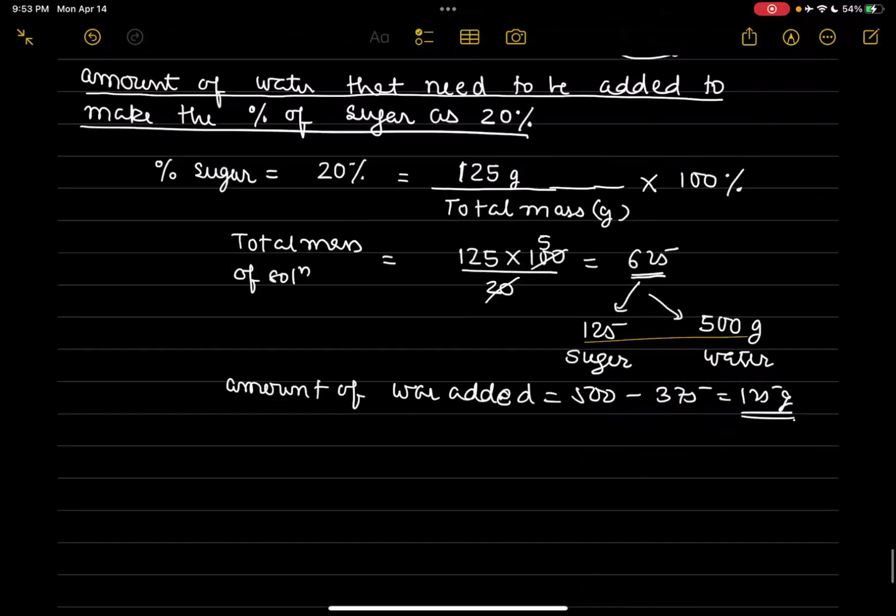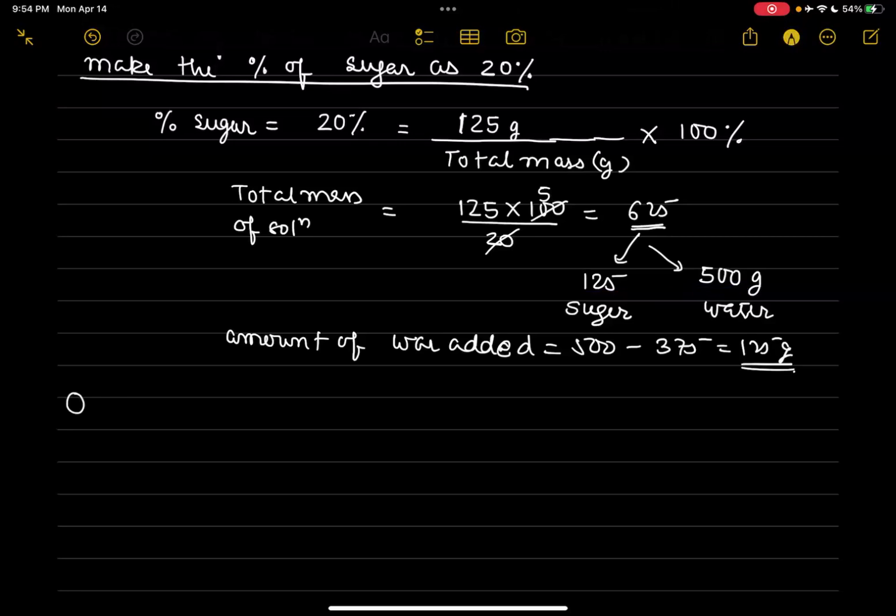One more question I can take. For example, let's take some compound, oxalic acid. What's the molar mass of oxalic acid? Let's say 22 grams.